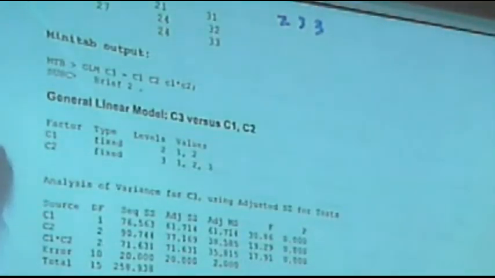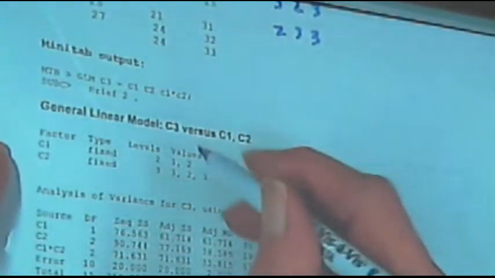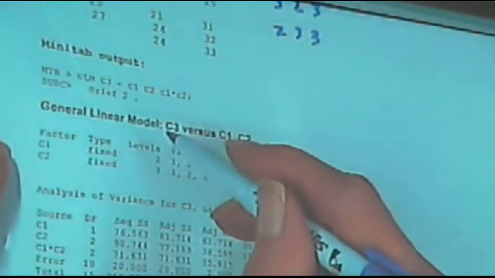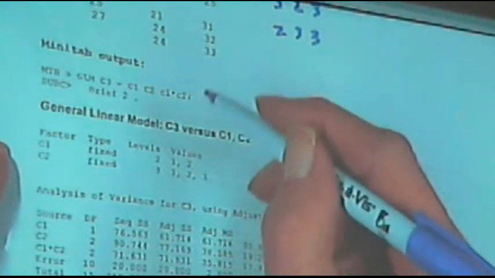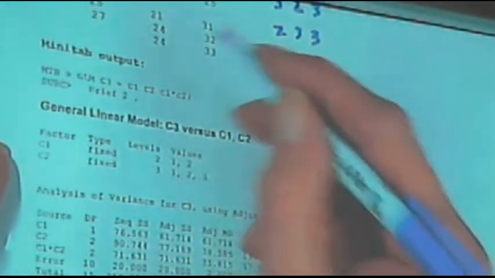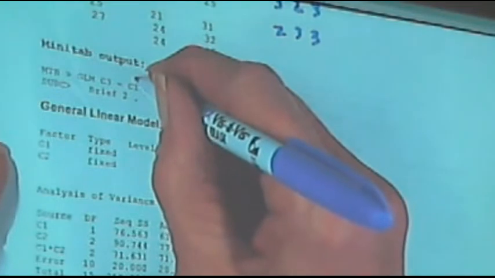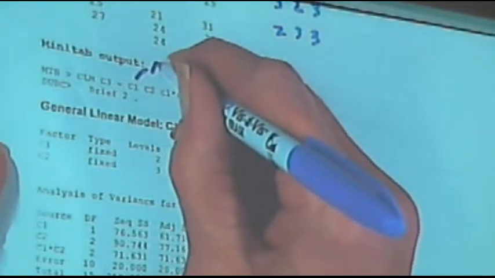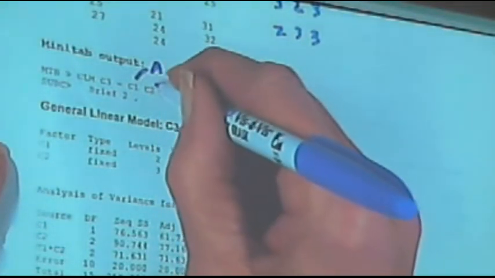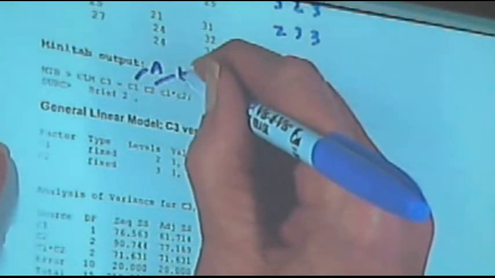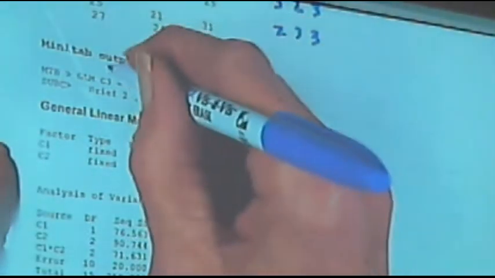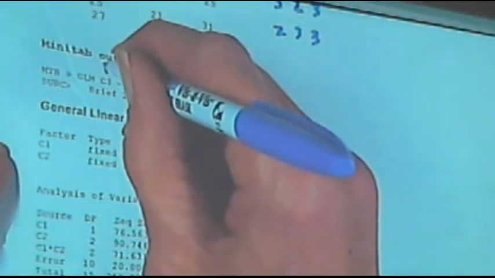So the first approach I took to this data was to set it up in Minitab. This doesn't show you the actual spreadsheet of numbers, but basically you can get a hint as far as what's going on here. C1 is factor A, C2 is factor B, and C3 is the response.